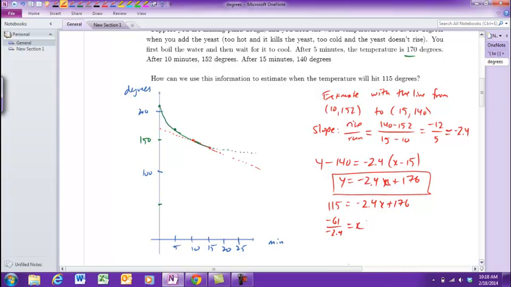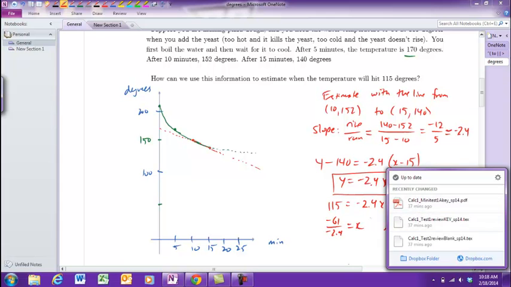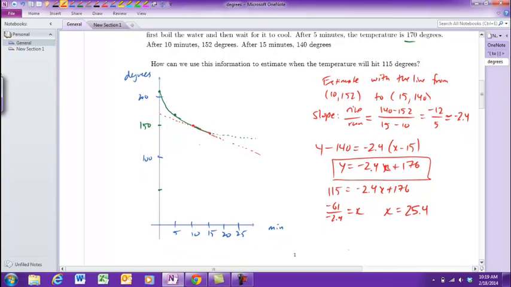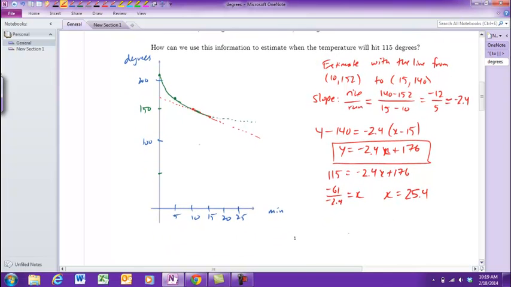And when I do that calculation, 61 divided by 2.4, says x is about 25.4. So that's estimating right around here at 25 minutes. But the problem is that this uses my last two data points, and that's not actually the best approximation possible. And the idea of this section is that I could find a better approximation by using the tangent line.